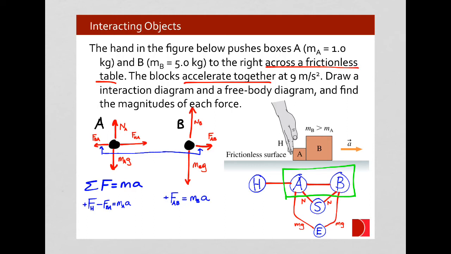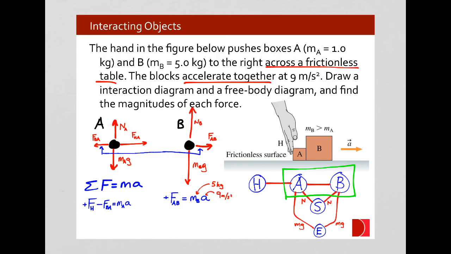In this case, we know that the mass of B is 5 kilograms. We know that the acceleration of A and B is both 9 meters per second squared.